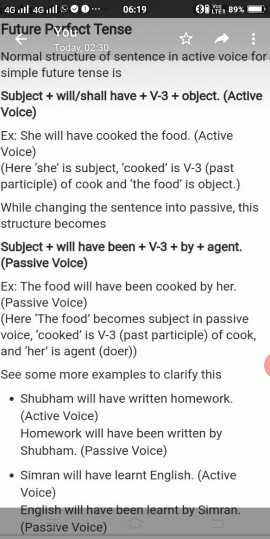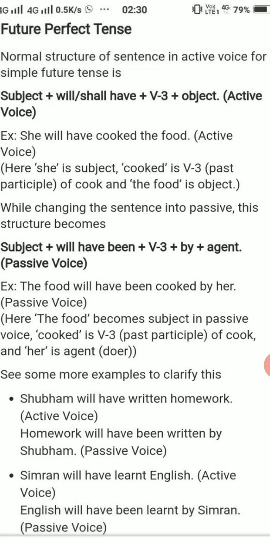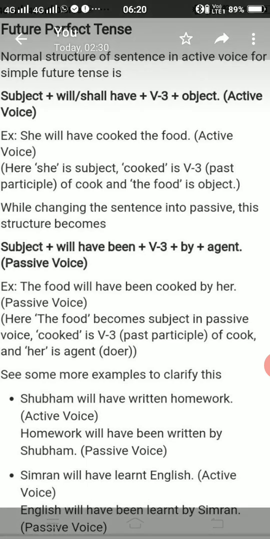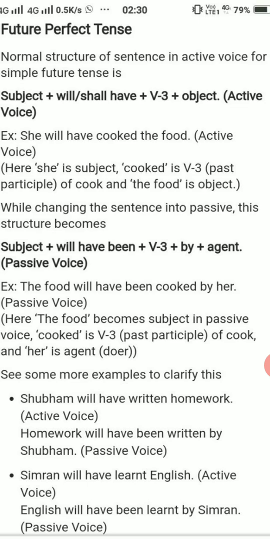What was the object in the first sentence? The food. So it will come in the beginning. Then will have or shall have is followed by been, B-E-E-N, then the third form of the verb, then by, and then the subject, right? By her only, she becomes her. We have already learned the change of pronouns in the first part of the video, right?